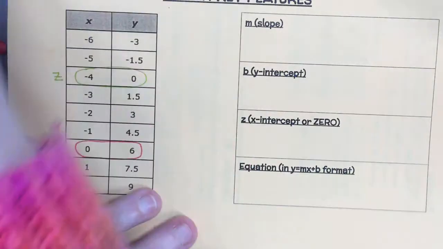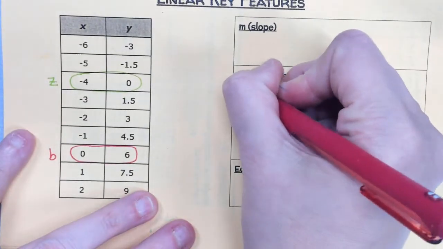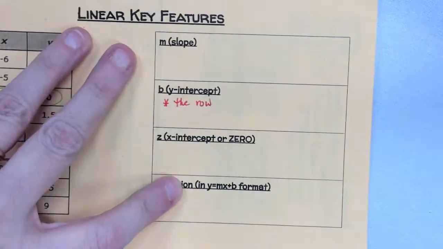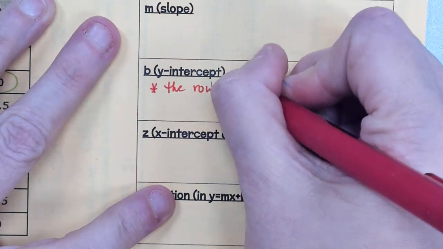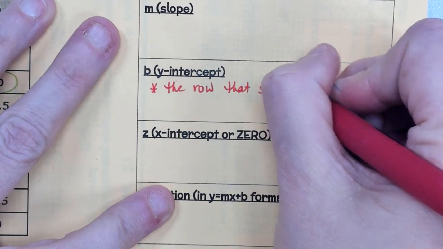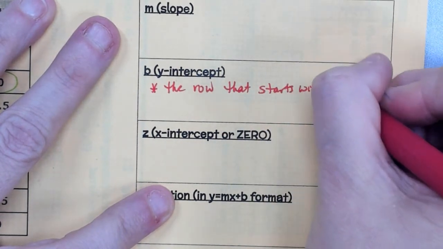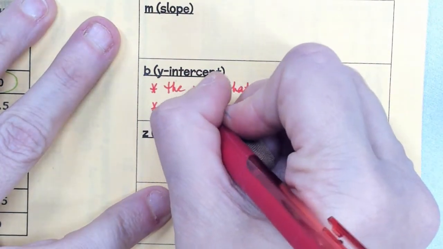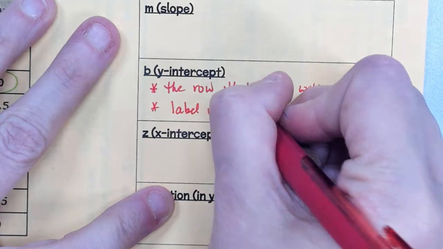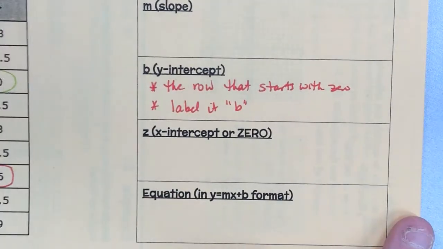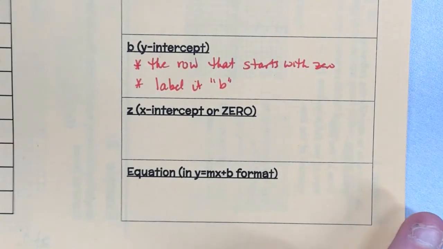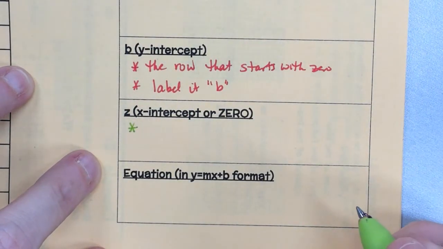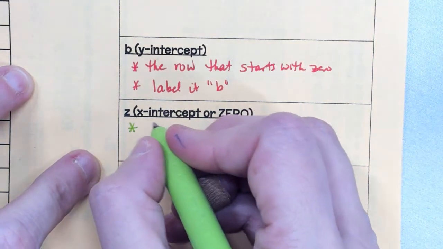Okay? So, for our y-intercept, it's the row that starts with 0. And you're going to label it B. So our y-intercept is the row that starts with 0, and we're always going to label it B. Our x-intercept, or 0, is the row that ends with 0.